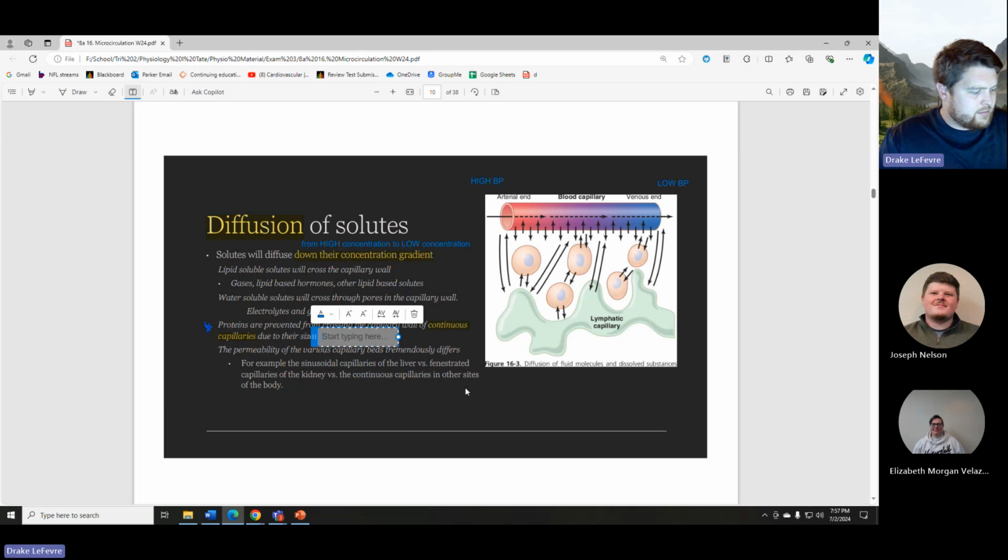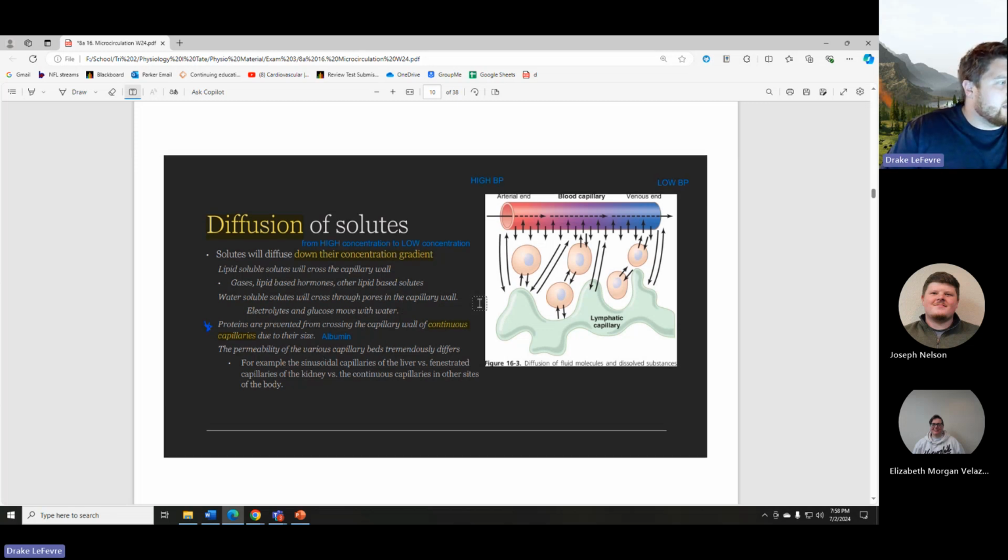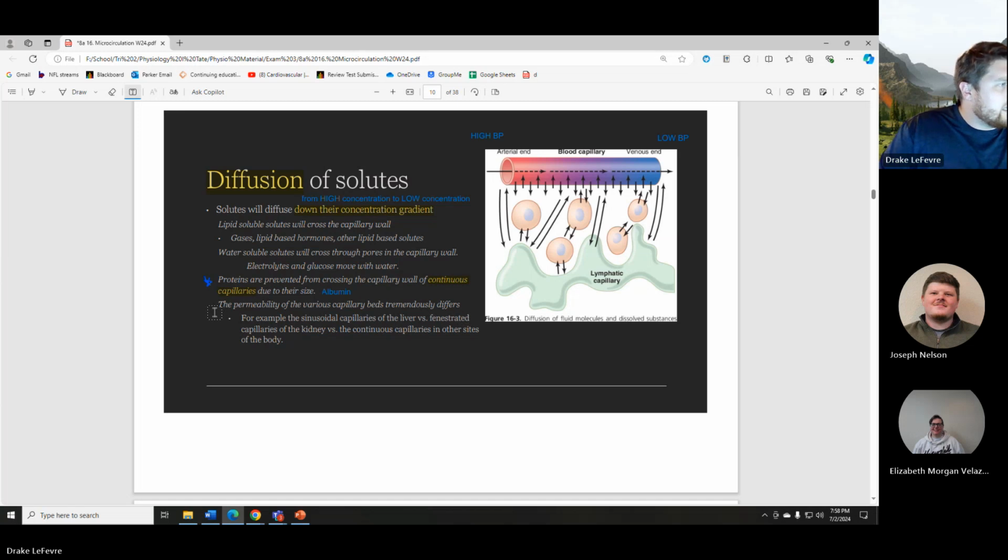Starts with an A. Good. Yeah, our albumin. Our albumin is going to create and generate a lot of our movement and everything. So we'll come back to albumin in a little bit.